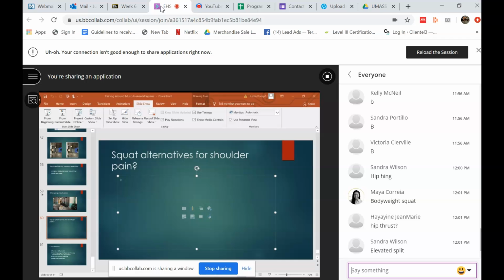Sure, let's stick with a bilateral squat variation. All of your answers are correct. I'm just trying to get you to think more.